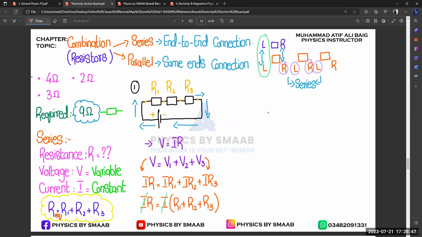Sometimes they ask to find out the total resistance of the circuit, and sometimes they ask for equivalent resistance. So this is an important term, because in questions they ask you to find the equivalent resistance or the total resistance of the circuit, right?